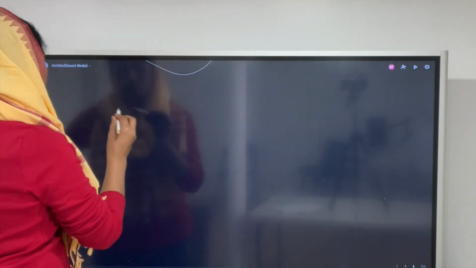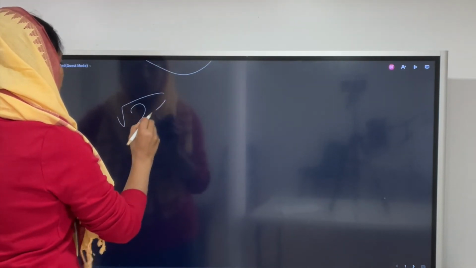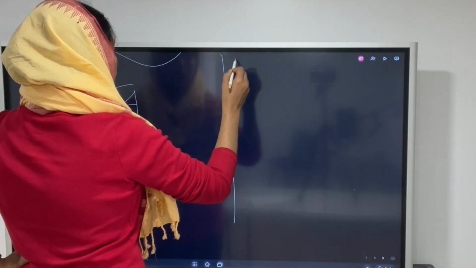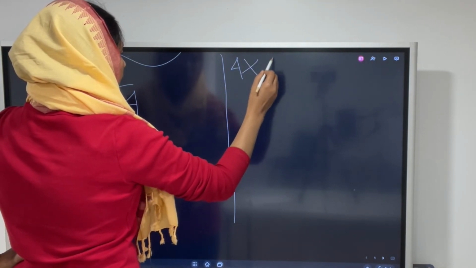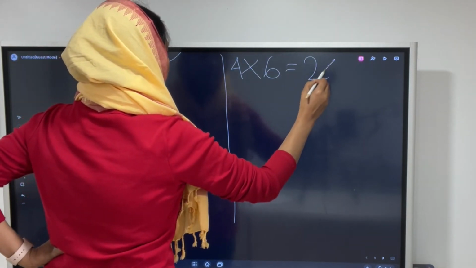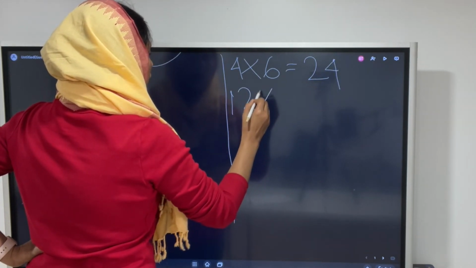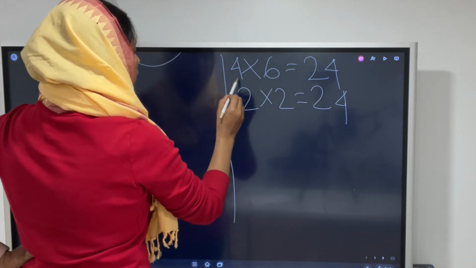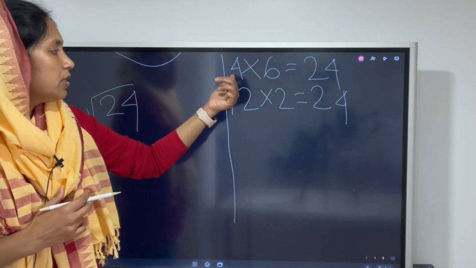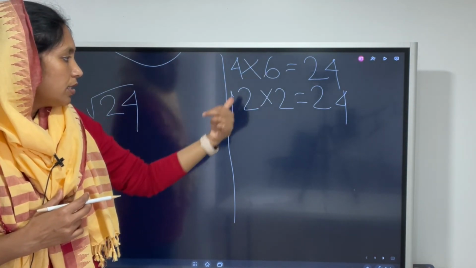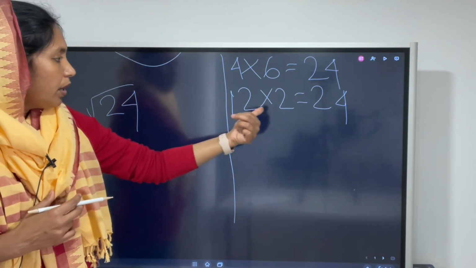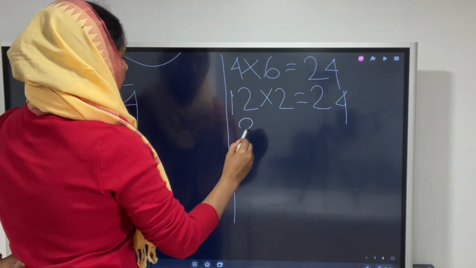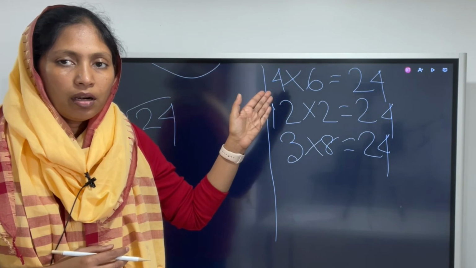To get 24, which two numbers should you multiply? 4 times 6 is 24. 12 times 2 is 24. And 3 times 8 is 24.